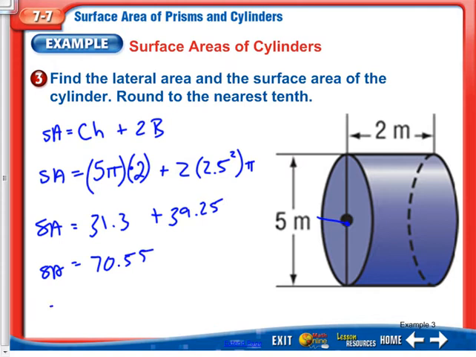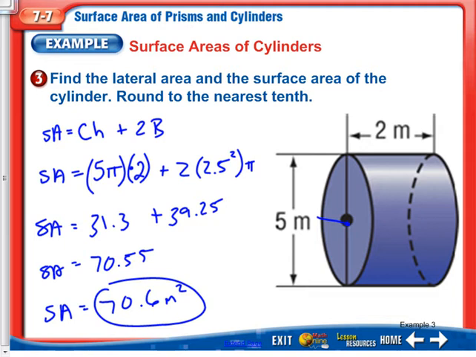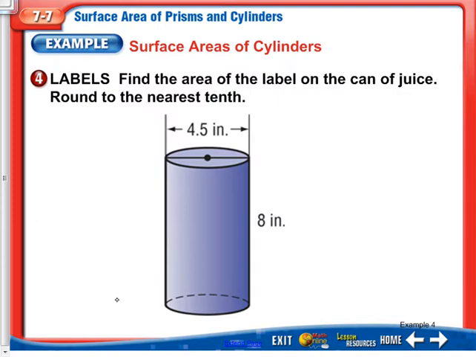And rounded to the nearest tenth would be 70.6 meters squared. Okay, so it's just a matter here of plugging in the numbers in the right spots, carefully doing your calculations, and then at the very end, rounding to the nearest tenth.